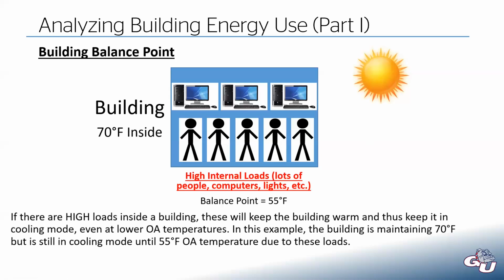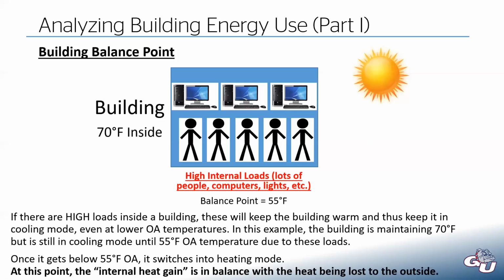So from 55 to 75 degrees outside air temperature, we are still running our air conditioner. But once you drop below 55 degrees outside, it switches into heating mode. At 55 degrees, everything's in perfect balance. You're losing heat at the same rate that you're generating heat.